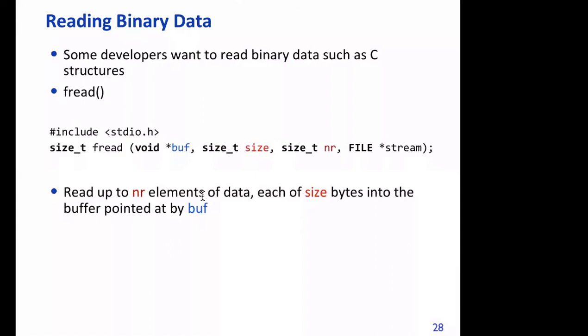Of course, we have to define the stream, which is similar to a file descriptor. The stream will have a current position. From the current position, you read data of certain size defined by the second and third parameters, and it has to be kept somewhere. Where it is kept is defined by buff.